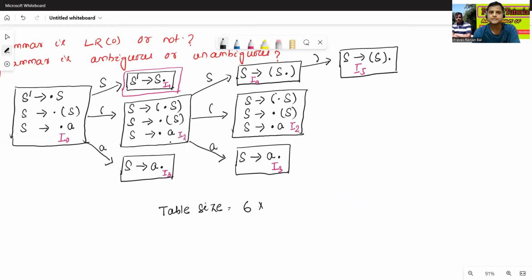How many non-terminals? Only 1. How many terminals? Open bracket, close bracket, and small a. So 3 terminals plus 1, which is 4, so 6 into 5 equals 30. Sorry, the table size here is 30. Okay. Now we'll construct the table.